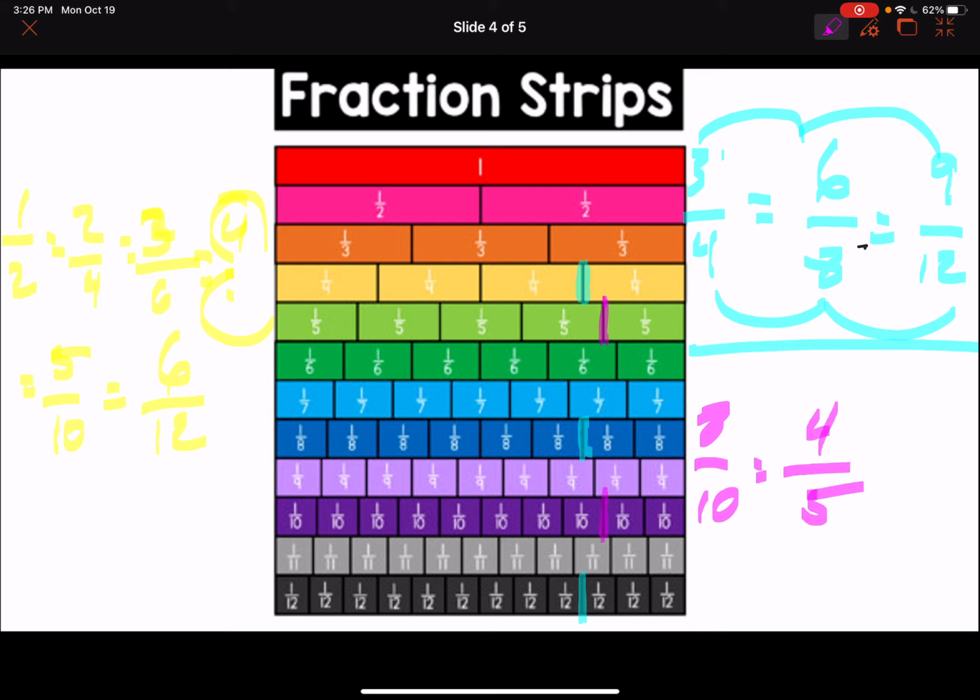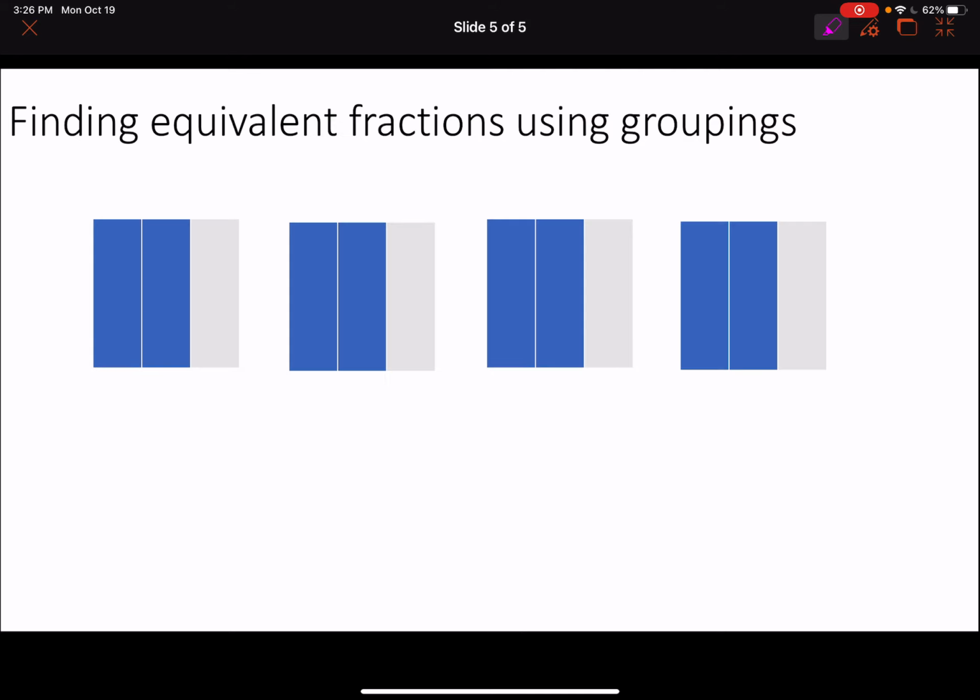And what is the pattern here? What do you notice between the numerators and the denominators? I'm hoping that you notice that the denominator is half of 10, and the top is half of 8. So that's how you use the fraction strip.